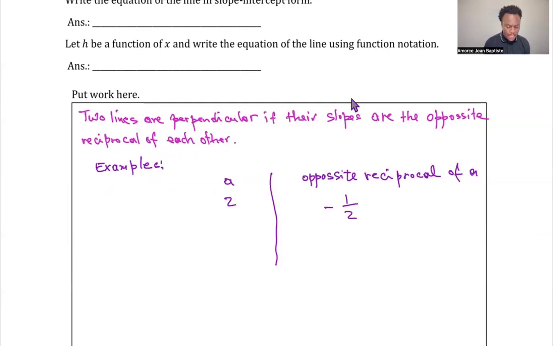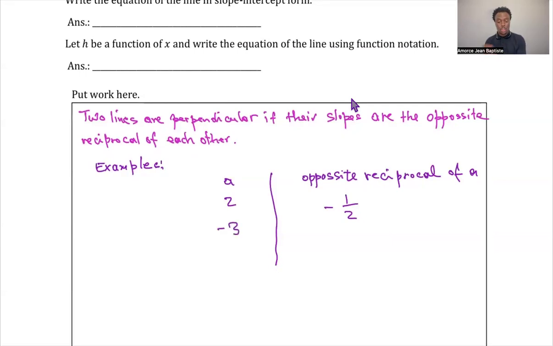So if I have a line that has a slope 2, then the perpendicular line to the line with the slope 2 will have a slope negative 1/2. What about if you have a line with a slope negative 3?